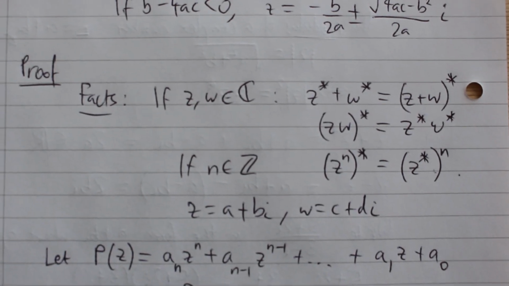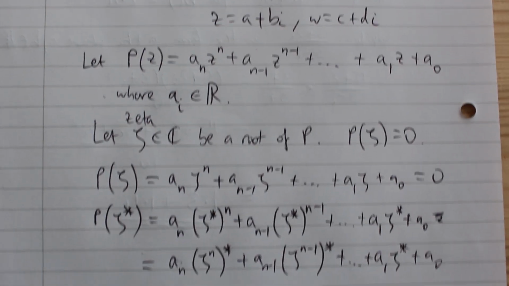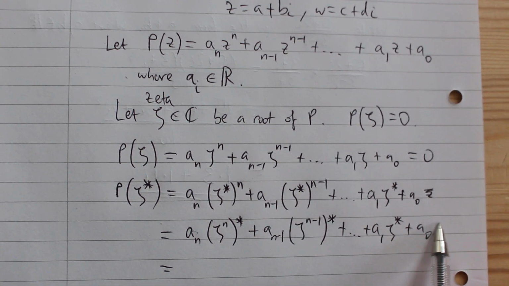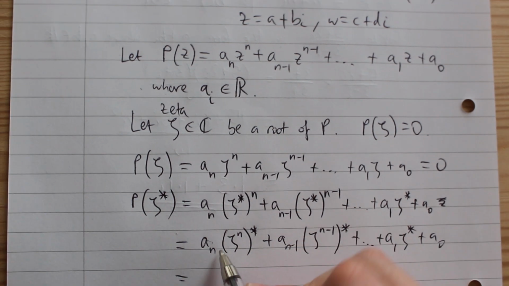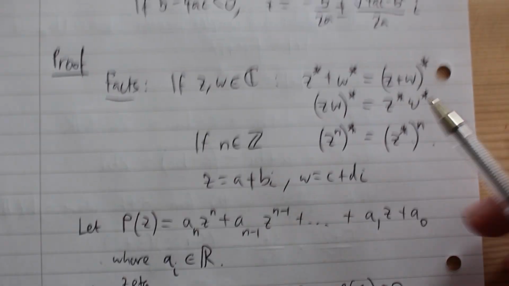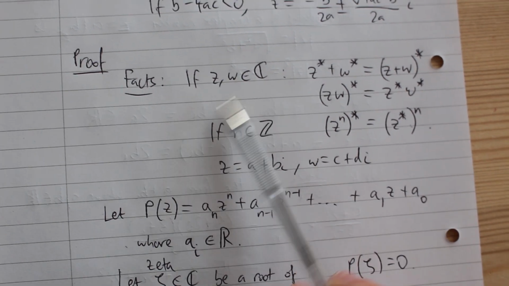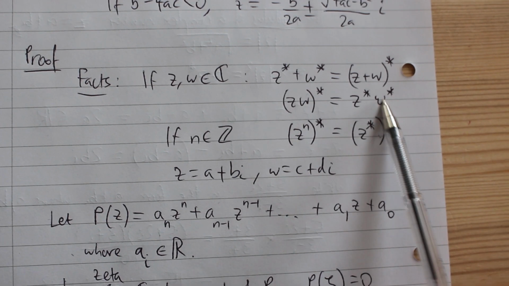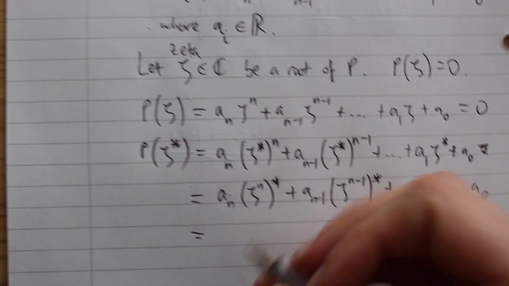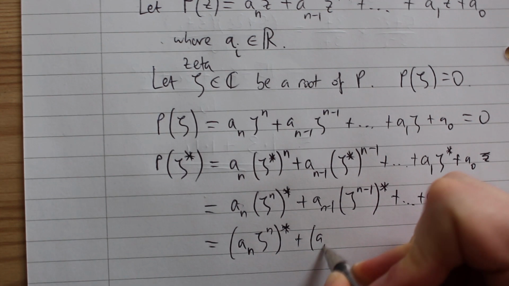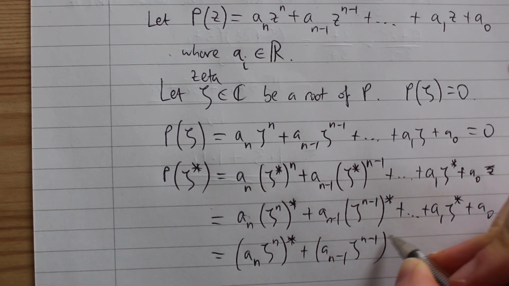Okay, and then let's use this second fact to move all of the coefficients a_1, a_2, a_3, a_0, a_n inside the brackets, because the a_i's are real numbers. So they're certainly complex numbers, so they certainly satisfy this second property. So let's move those inside. And then we have this sum.